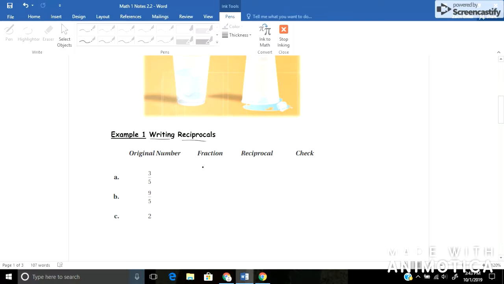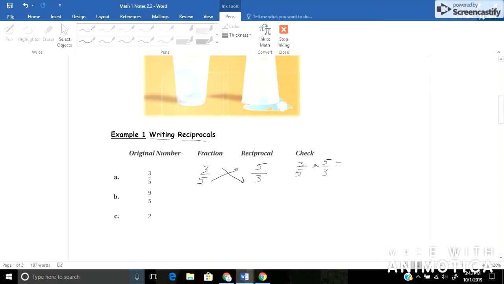Okay, 3/5 is a fraction. Well, it's already a fraction. What is its reciprocal? Okay, well, we're going to make the numerator the denominator and the denominator the numerator. So the reciprocal of 3/5 would be 5/3. Okay, when it says check, well, that means does 3/5 times 5/3, is that equal to 1?